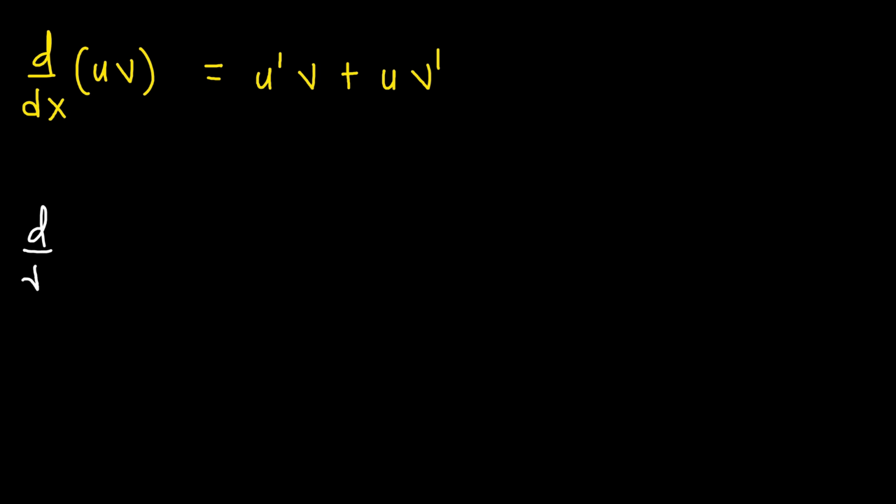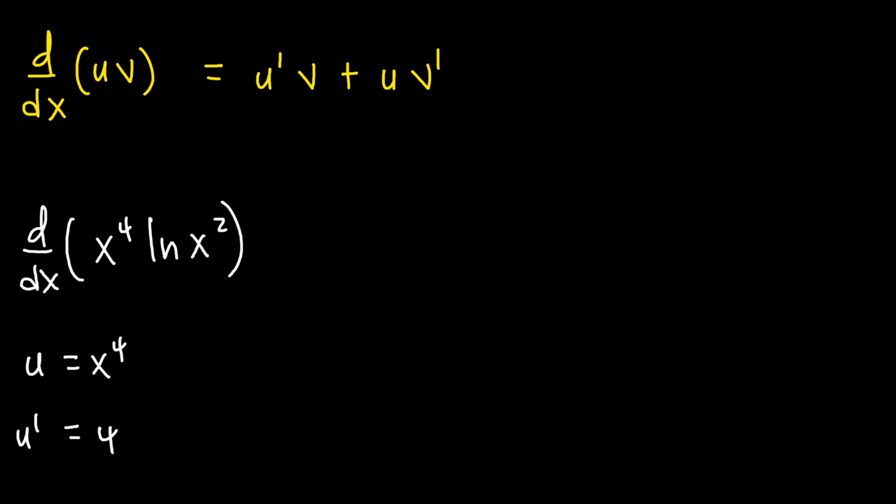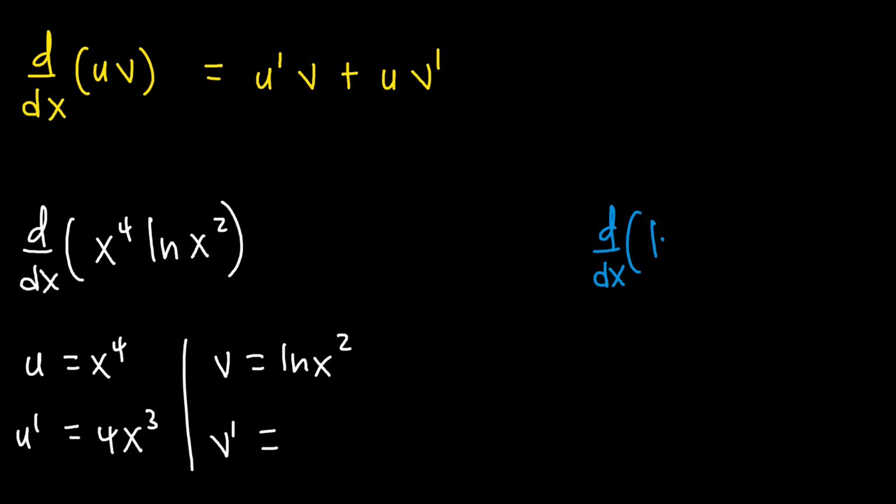Now how about the derivative of x to the power of 4 times natural log of x to the power of 2? For this example, we shall set u to be equal to x to the power of 4, and so u prime will be equal to 4x to the power of 3. And then v will be equal to natural log of x to the power of 2. And then v prime will be equal to, remember we said that if you want to find the derivative of natural log of u, this will be equal to u prime divided by u.